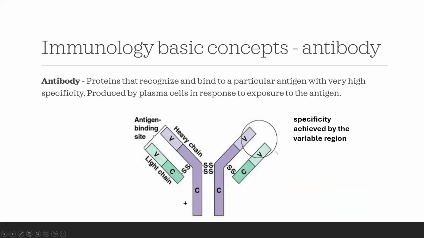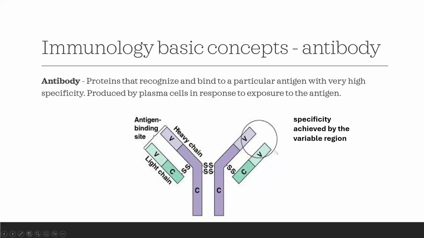Okay, so what is antibody? So antibody is a protein that can recognize and bind to a particular antigen with a very high specificity. So this graph shows the basic structure of the antibody. So antibody is usually Y-shaped. It has the constant region, so C region, and also the variable region, the V region.